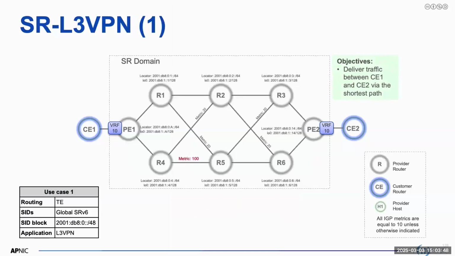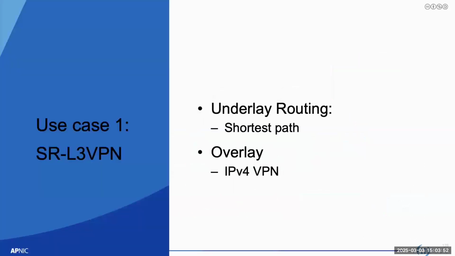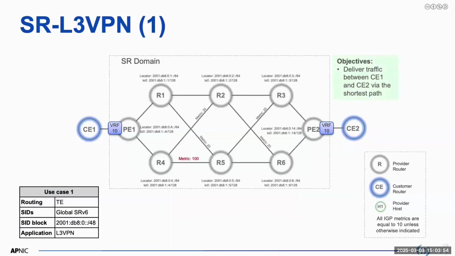Again, the SRv6 L3 VPN: if we have a VPN customer, this VPN is intended to deliver traffic from CE1 to CE2 via the shortest path. CE1 is attached to P1 and CE2 is attached to P2. We have a VRF, which is VRF10 in this case.